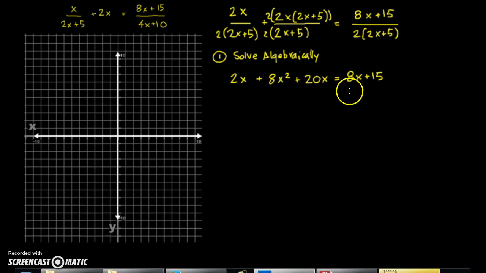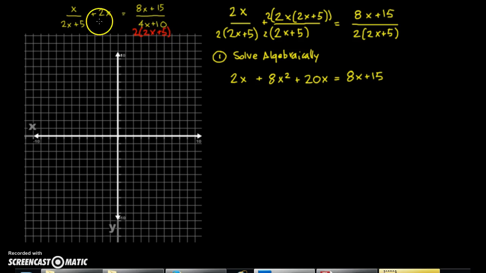It's not scary. In fact, all I've got here is a quadratic, so I know that I'm going to be dealing with two possible solutions. And before I do that, I want to make sure that I've looked at my original equation. Like I said, I could almost look at this as being 2 outside of 2x plus 5.